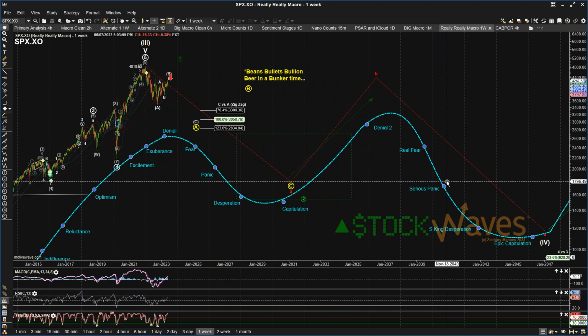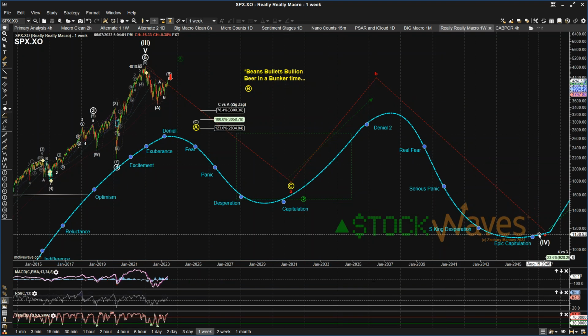to alternate. One way of alternating is it could take a whole lot longer. And you see this big red ABC that I have on my chart. I have it stretched out for the better part of 2 decades.